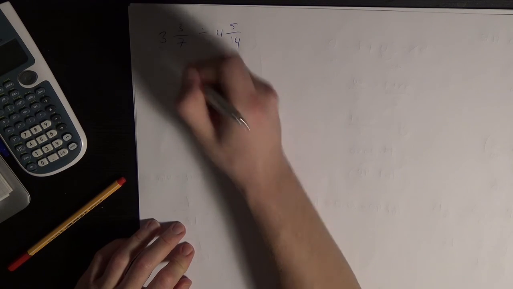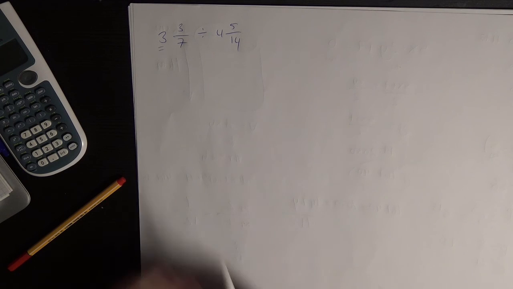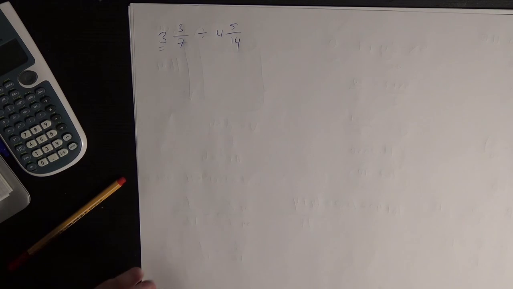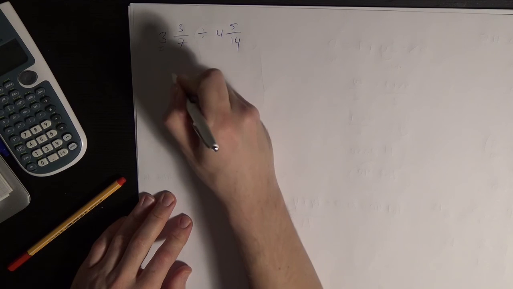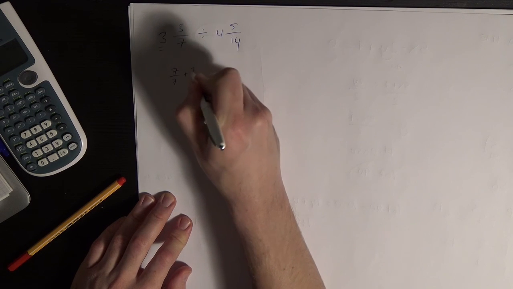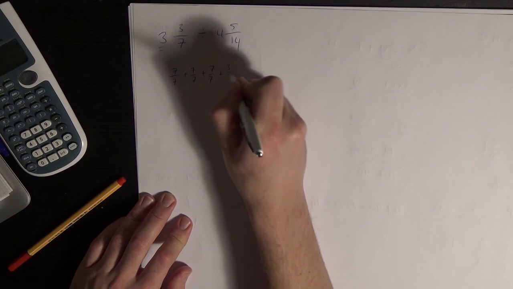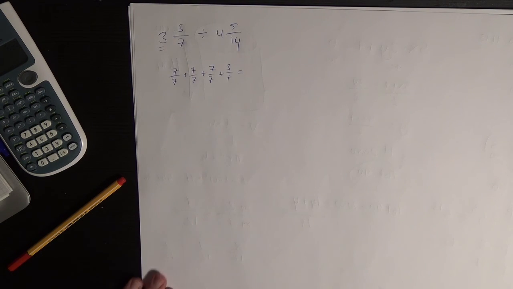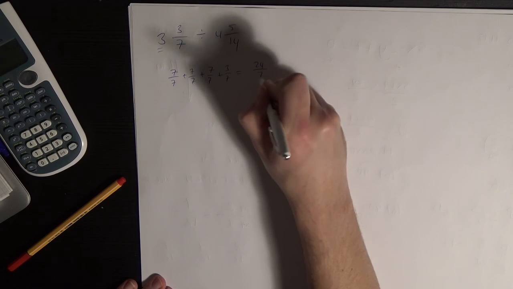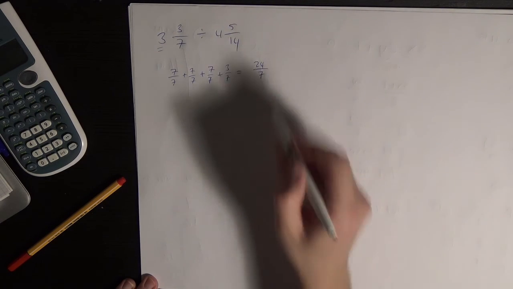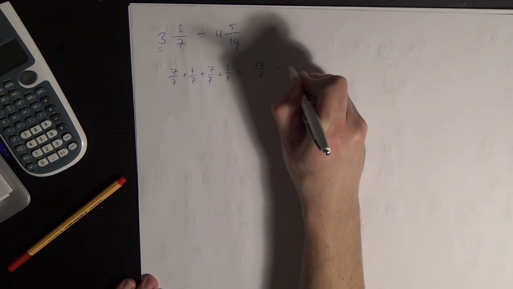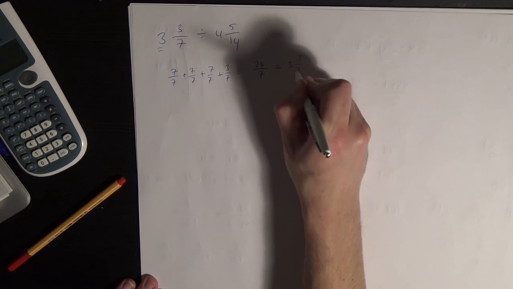I need to deal with the numbers in front first. This means I have 3 wholes and then 3 over 7. That means I have 7 over 7 plus 7 over 7 plus 7 over 7 plus 3 over 7. Meaning that I have 24 over 7. This is equivalent to 3 times 3 over 7.